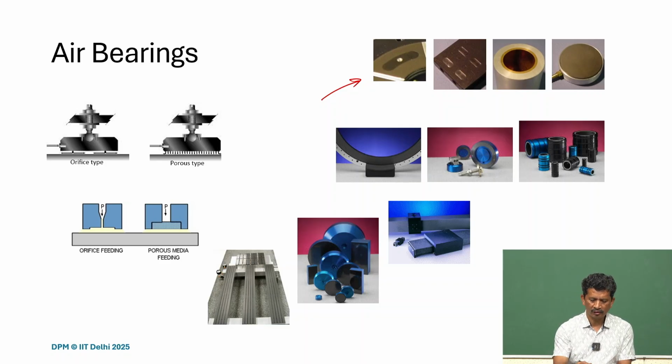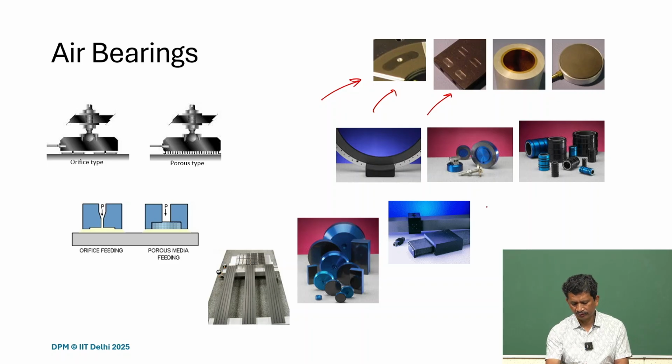So these are different kinds of grooves you can see. One good thing is it can be a separate element, but at the same time these kinds of designs can be embedded, we can make different kinds of patterns, grooves on the surface itself, and we can get the air bearing inbuilt.